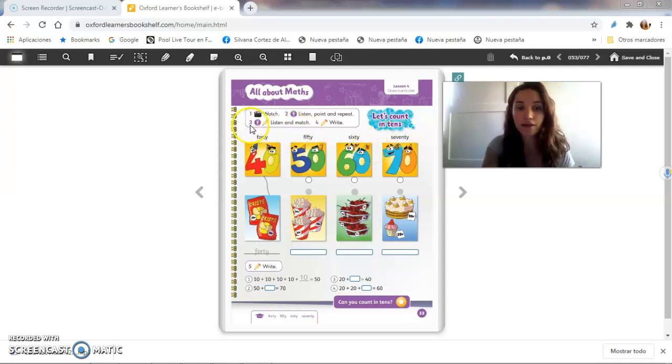And then on number 3 we have to match. Sin necesidad de escuchar el audio, vamos a unir cada uno de los números según los precios de las comidas. Vamos a sumar los precios de las comidas.